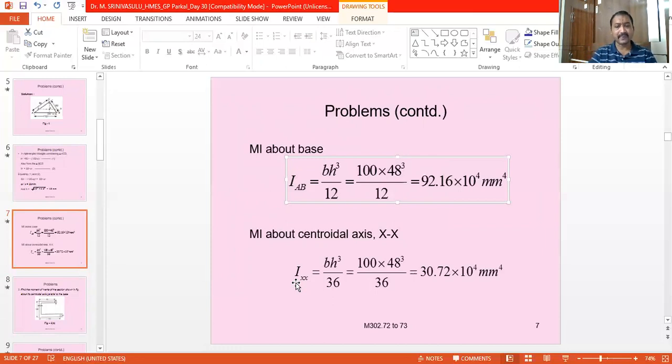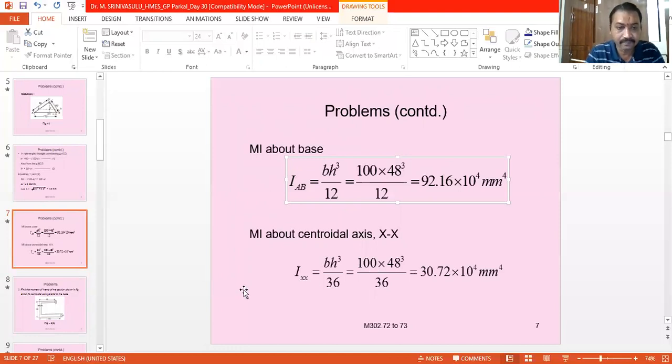So this is the moment of inertia of the given triangle about the central axis XX. In this way we found the moment of inertia of the given triangle about the base and about the XX axis, because we had the direct formulas, we substituted the values and got the answers.